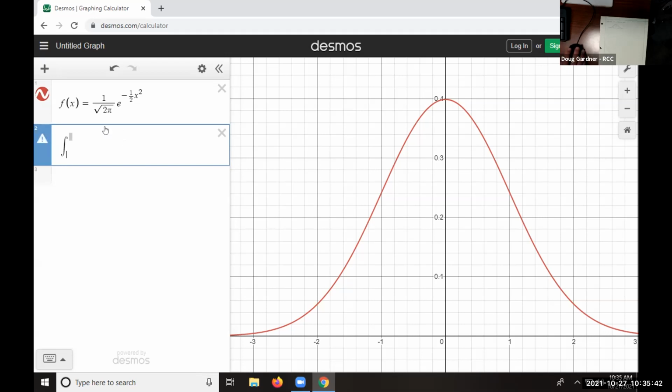And so what I'm going to do now is ask it, what's the area under this curve from a z-score of -1 up to a z-score of +1? Do you know the answer to that? What is it? 68%. If you don't know that, you have not been studying hard enough.